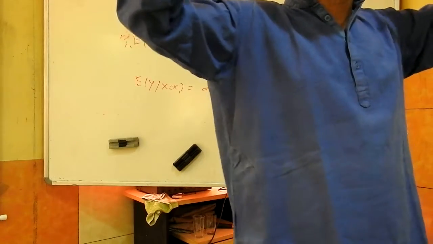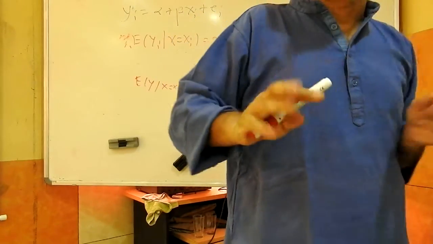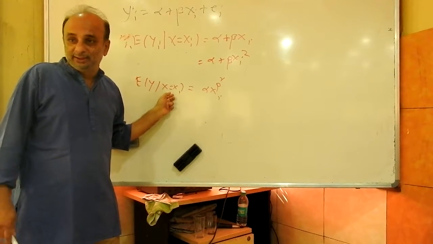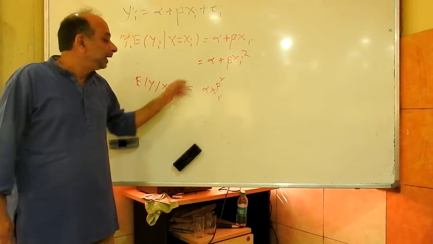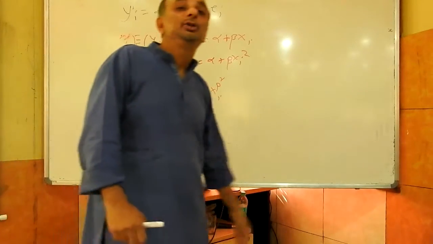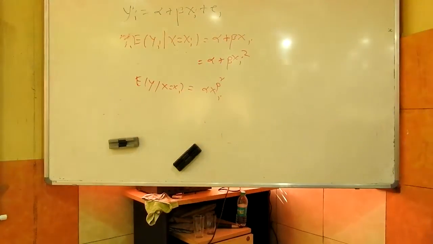Now, if you are using the whole approach of these four kinds of models, you assume some kind of functional form for the conditional mean of y given x equal to xi. So we assume that we know the functional form. If you assume that, then we are using what is called parametric regression.